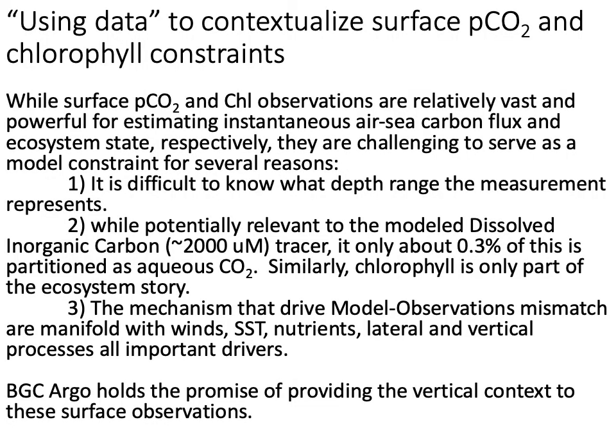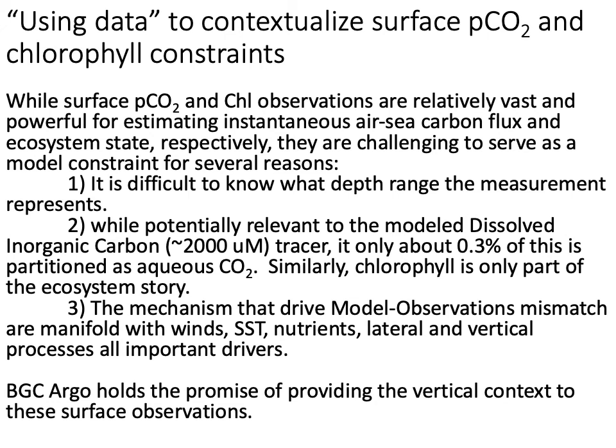Yet another application of the ocean biogeochemical Argo observation is in contextualizing surface pCO2 and chlorophyll constraints. While these observations are relatively vast and powerful for estimating instantaneous air-sea CO2 flux and ecosystem state, respectively, they're challenging to use as model constraints. It's difficult to know what depth range the measurement represents. While potentially relevant for modeled dissolved organic carbon, pCO2 is only about 0.3%.